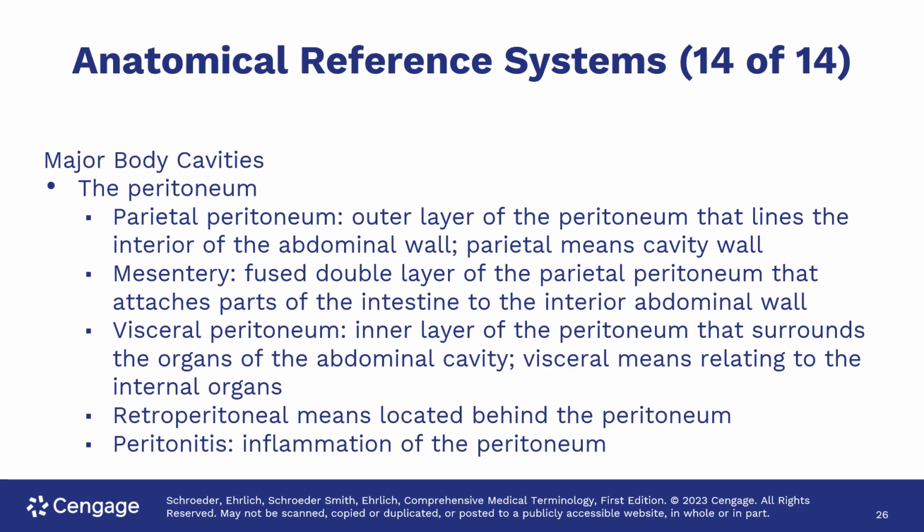Associated terms are retroperitoneal, retro is behind the peritoneum, or peritonitis, which is the inflammation of the peritoneum. So the root is perit, O is the combining form, and itis is inflammation, so inflammation of the peritoneum.